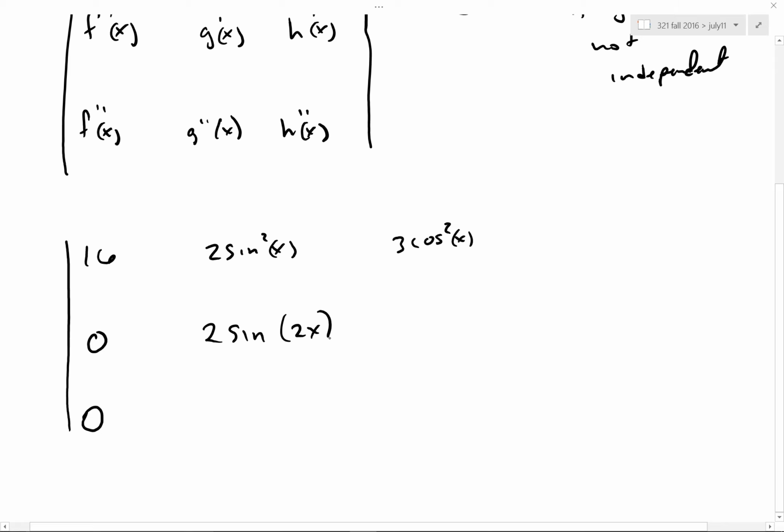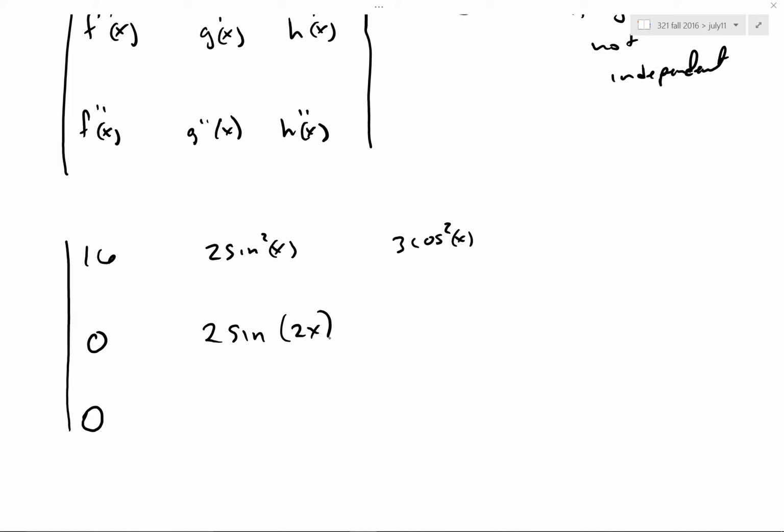What about this next one here? 3 cosine of square root of x. So it's going to be 6 cosine x times negative sine x.